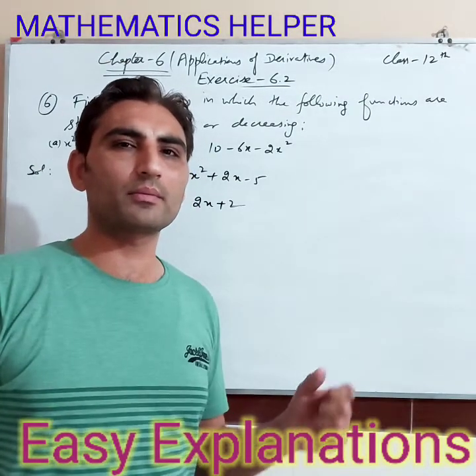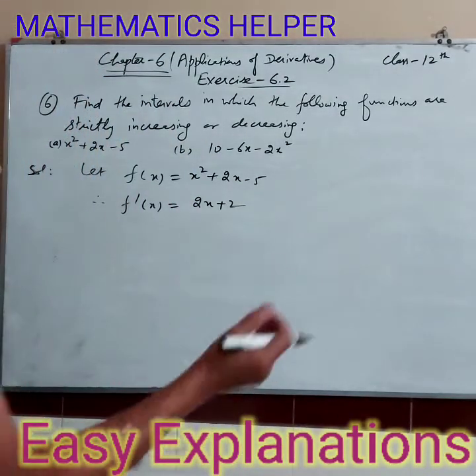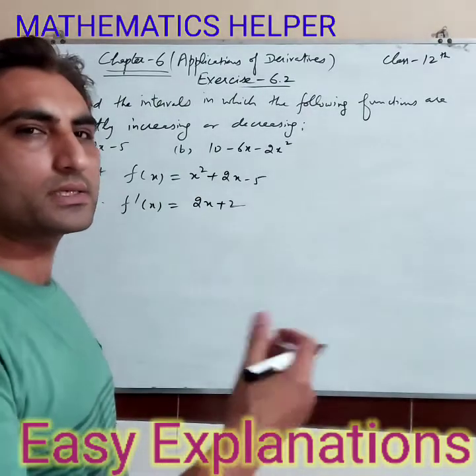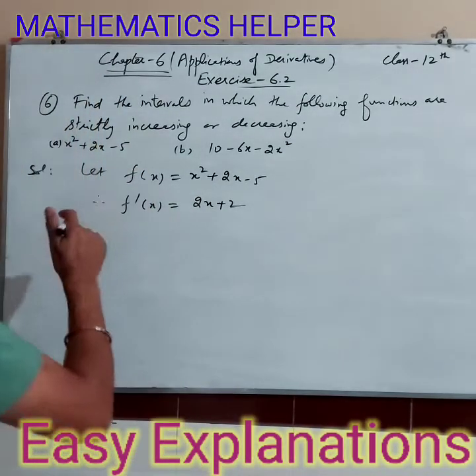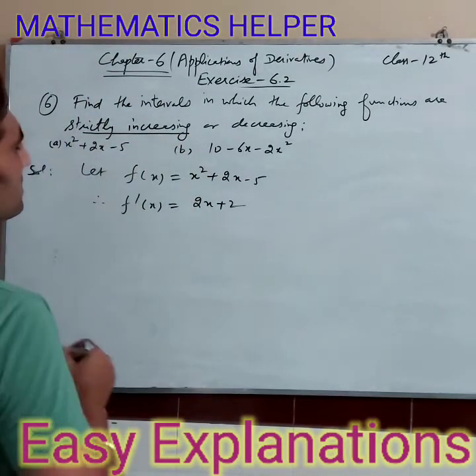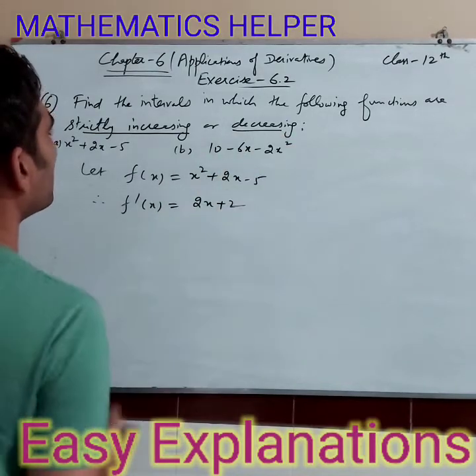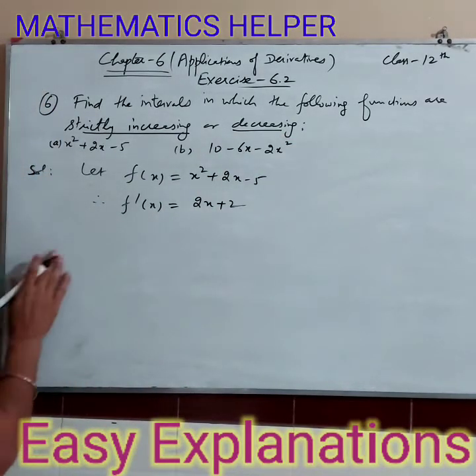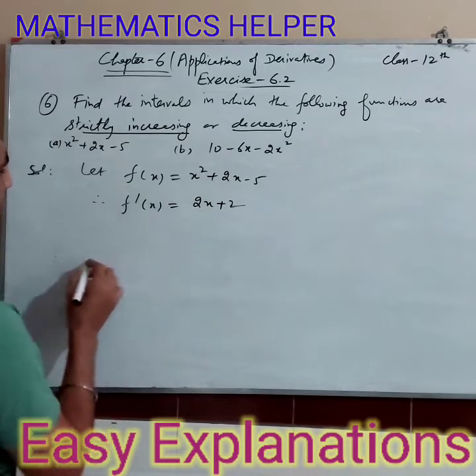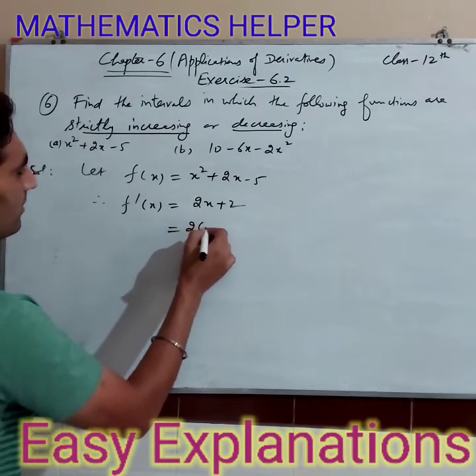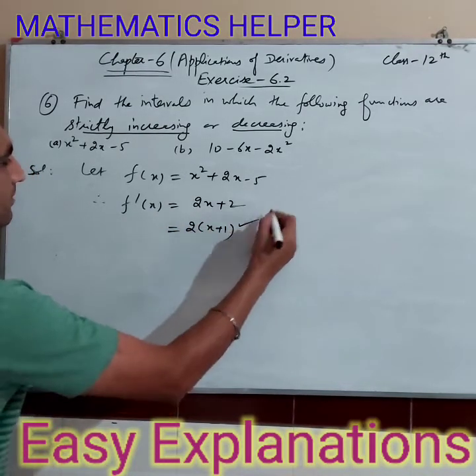The work is the same here, but I will tell you one more method to find the answer for increasing and decreasing separately. Here you want to find where our function is strictly increasing and where it is strictly decreasing. So we will write it this way. First of all, write this as 2 common, x plus 1. Write in the simplest form.